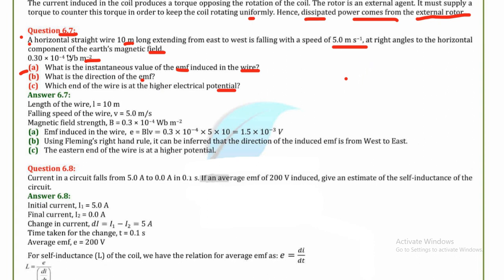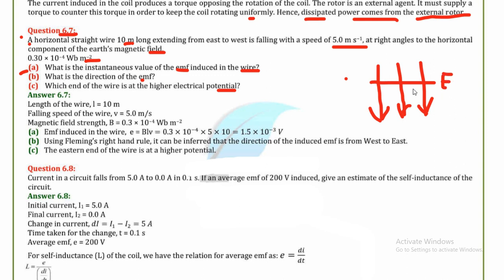So you know that the horizontal component of Earth's magnetic field is always from the north to the south pole. So you can draw this type of diagram, and this one is the direction of the north component of Earth's magnetic field, and the wire is like this. It is in the east to west direction.